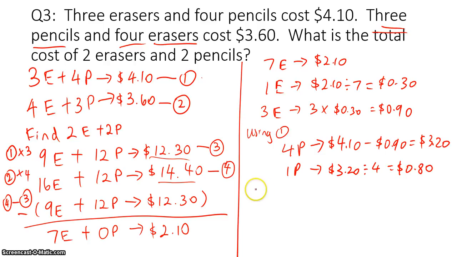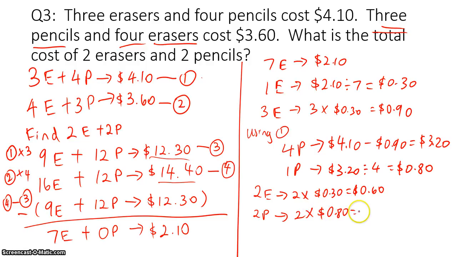So to find the cost of 2e would be 2 times 30 cents, which is 60 cents. 2p would be 2 times 80 cents, 160.